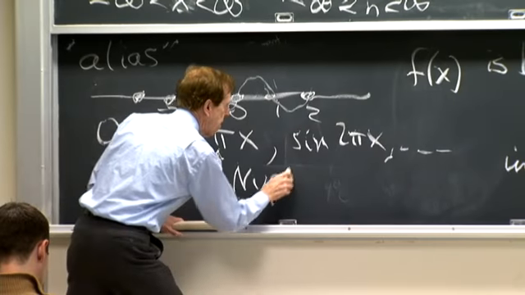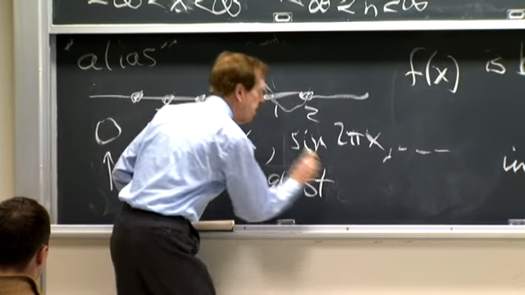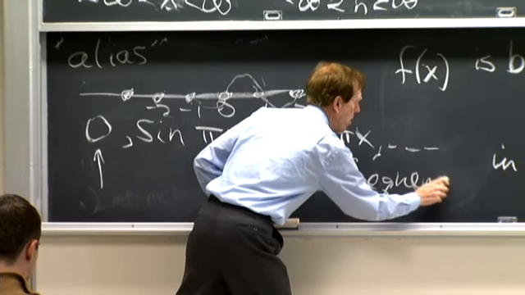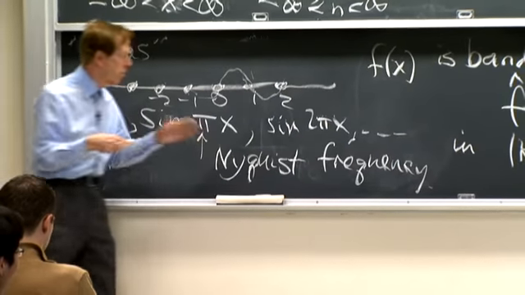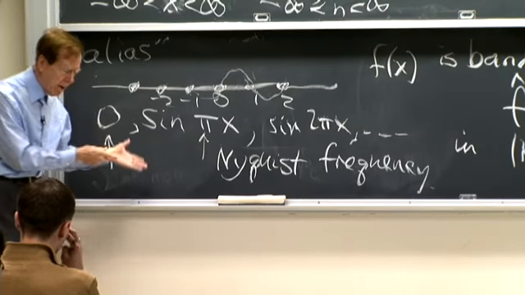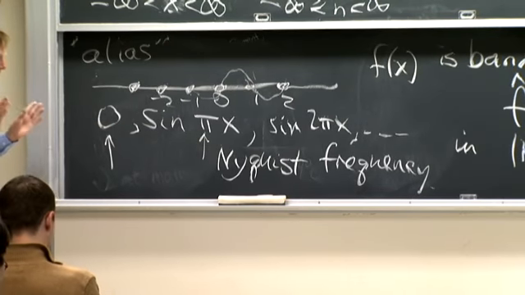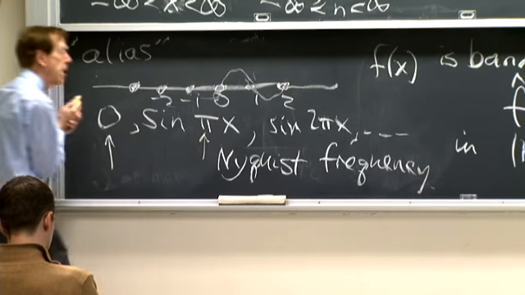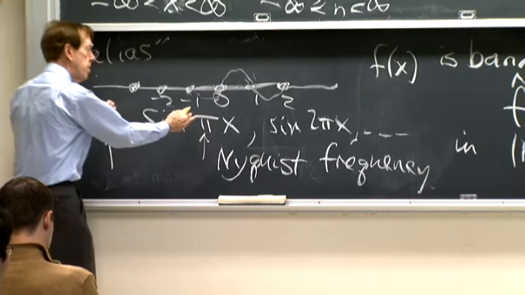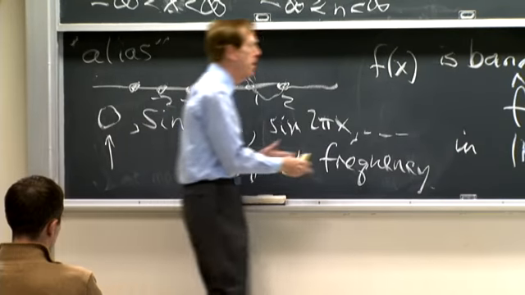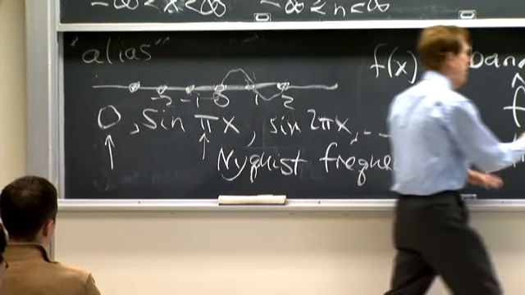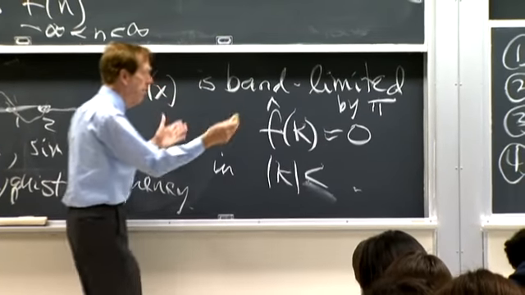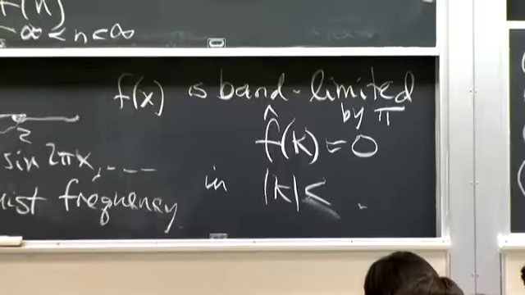That's the borderline frequency. And there would be a similar Nyquist sampling rate. Yeah, so Nyquist is the guy who studied the borderline case. And so the point is that if our function is band limited by pi, I have to tell you, band limited means that there's some limit on the band.